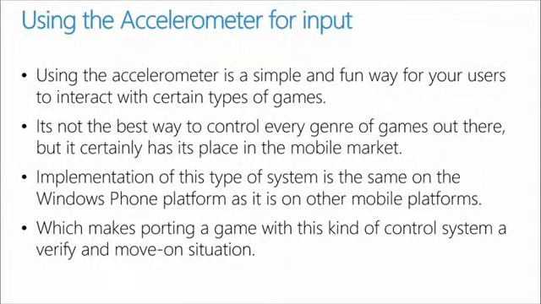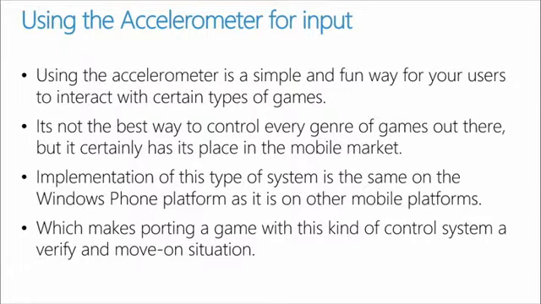Using the accelerometer is obviously a simple and fun way to add an extra layer of interactivity with your users, if your hardware's got it and your game suits it. Not every game is going to suit accelerometer input, but a game like ours actually does, so why not take advantage of it? The implementation is very, very simple. It's actually the same on our device as it is on any other device inside of Unity.